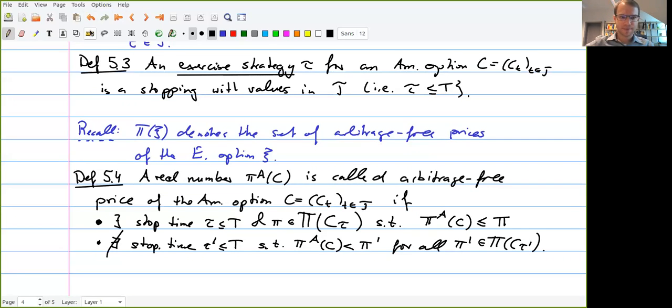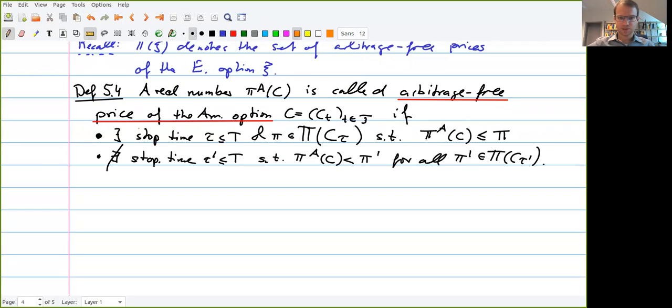So that's okay. Let me also write down the remarks, because this is a definition we will work with at least for the whole next week.